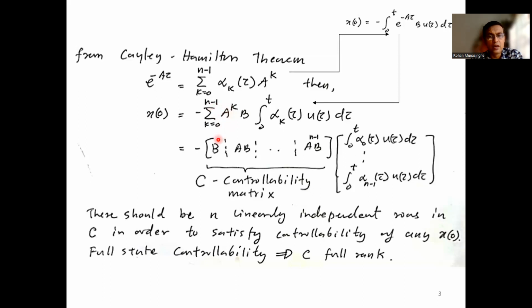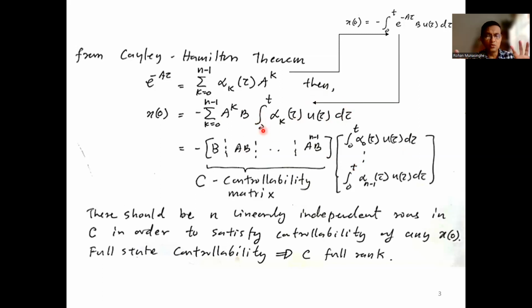This is the entire matrix: B, AB, up to A to the n minus 1 B. For each term there is a counterpart, the integration from 0 to t of alpha k of tau u of tau d tau. For each k, you work out this one and put it over here, and the integral part is over here. Second term, AB here, and its integration is over here.